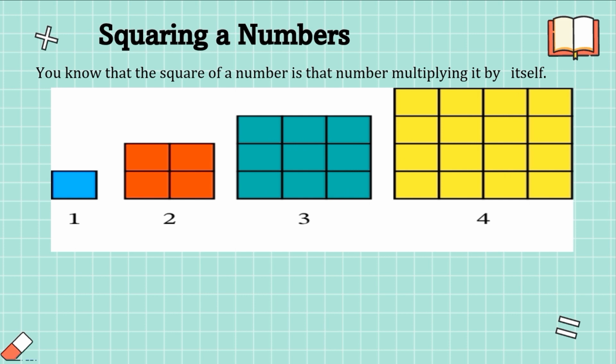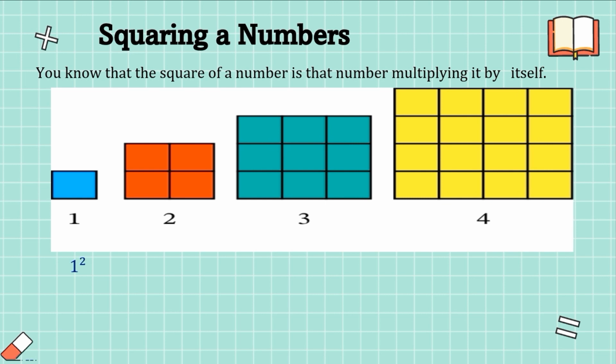For example, as you can see, this is our pre-activity that was answered earlier. So now, we have a different method to determine the number of squares by using squaring a number. In number 1, we have here 1 square.